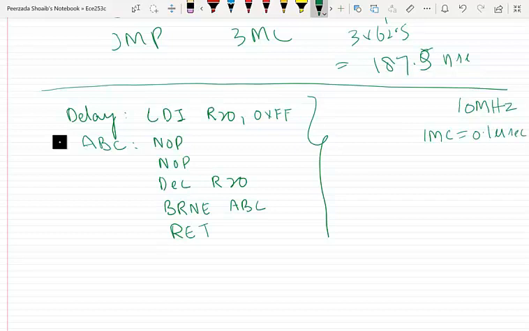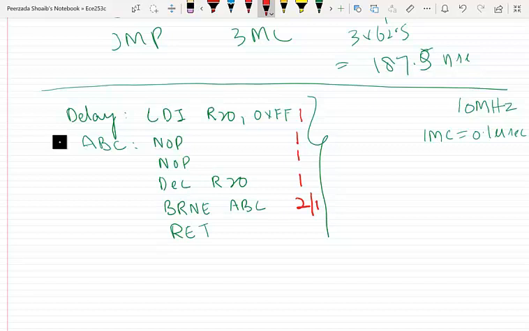And the next thing it will depend upon is how many machine cycles each instruction takes to execute. This takes 1, this takes 1, this takes 1, decrement takes 1. Branch if not equal to may take 1, will take 2 when it branches, and at the last it will take only 1 when it won't branch, that is when the condition is not met.